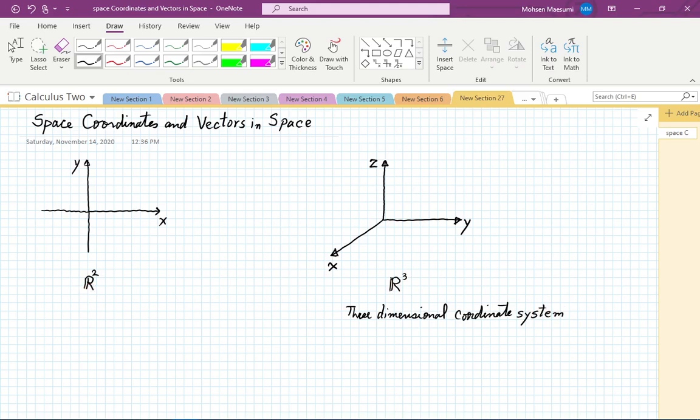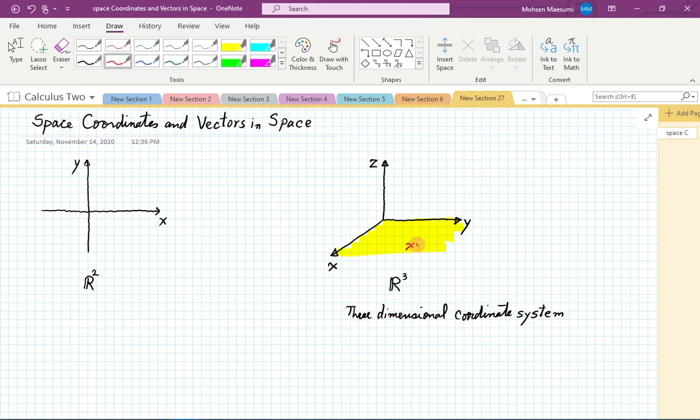Okay, the best way to visualize this coordinate system is to think about the corner of your room or something. So you see here we have three coordinate planes. Let's color them so that we see what we are referring to. So this one is referred to as the XY coordinate plane.